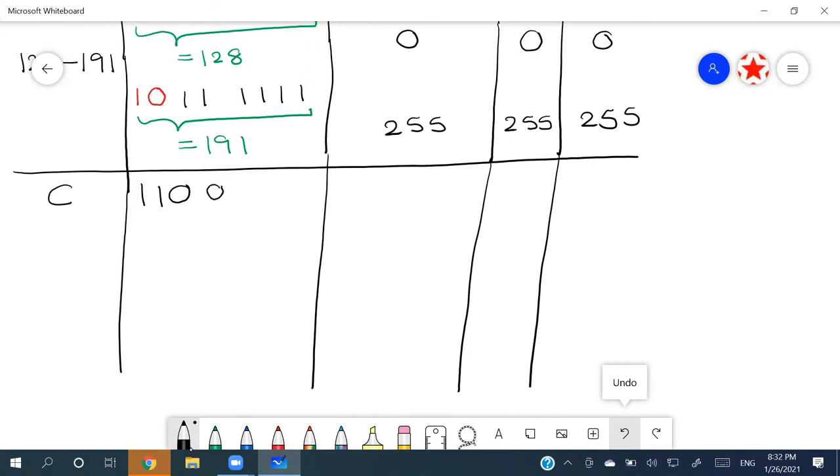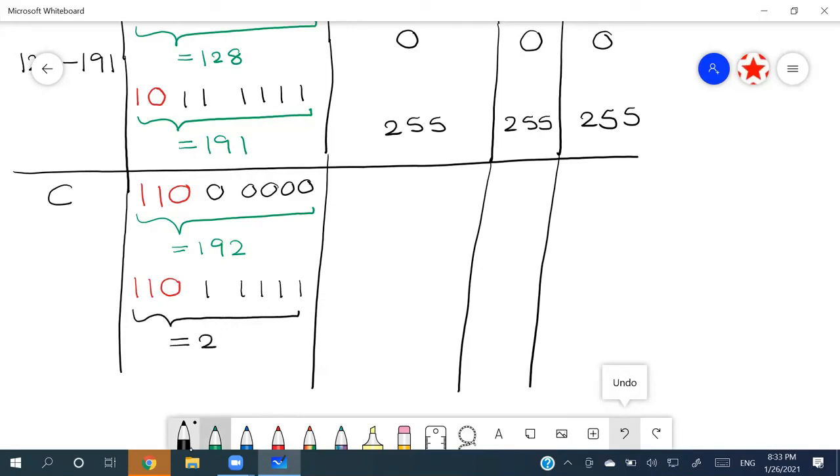The least value is going to be indicated by this, which equals 192, and the most value is going to be all ones, which gives you 223. The other octets are the same. So that gives you the range of class C from 192 to 223.